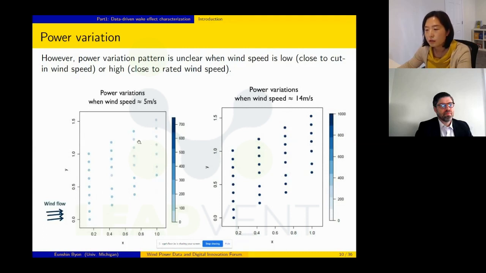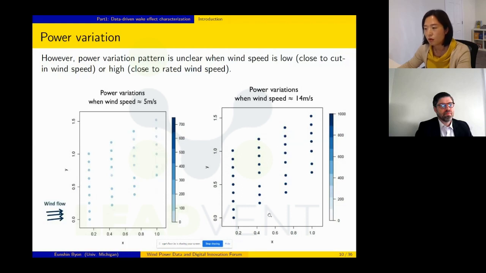The reason is, when wind blows very slowly, the wake effect is not really significant, so there is no strong power deficit in the downstream turbines. When wind blows strongly, like 14 meters per second or higher, then because of the pitch control, the upstream turbines do not extract the maximum level of energy that they can extract.